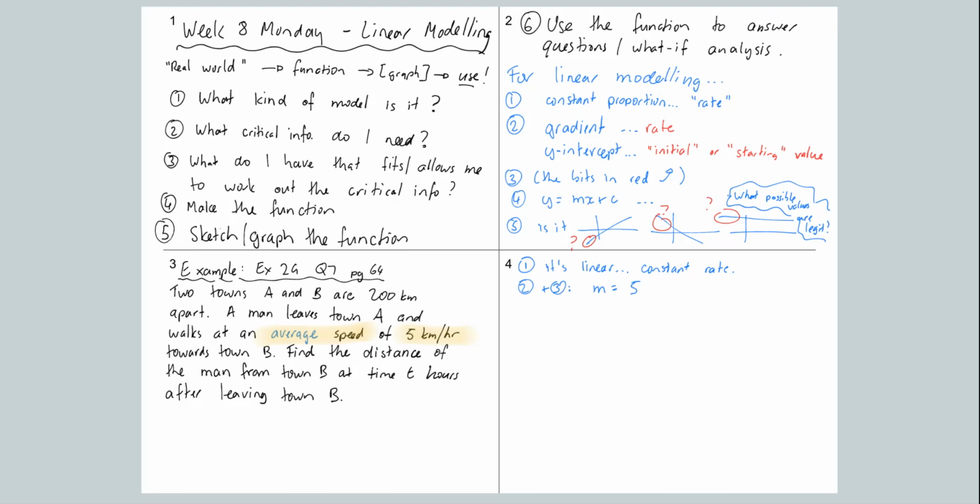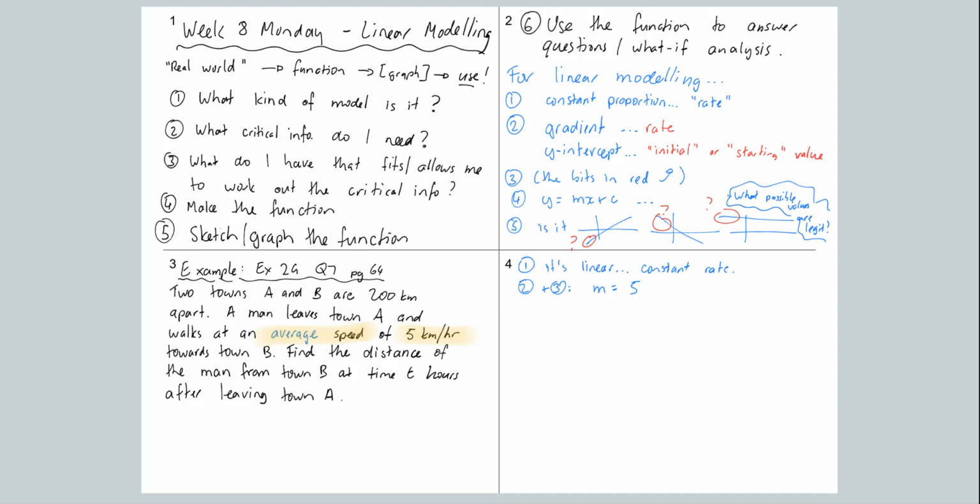And when I read the rest of the question, find the distance of the man from town B, the distance from town B. So I'm starting at A, but he's walking towards town B at time t hours after leaving town. That should say town A, I beg your pardon. I'll just change that now. That's just me not writing that properly.